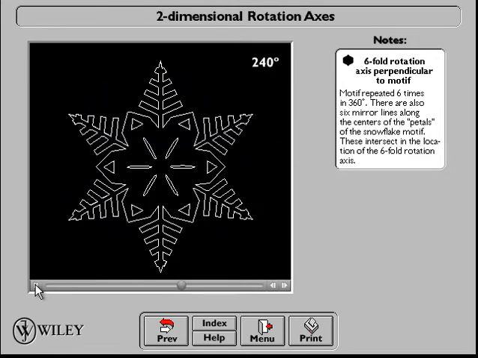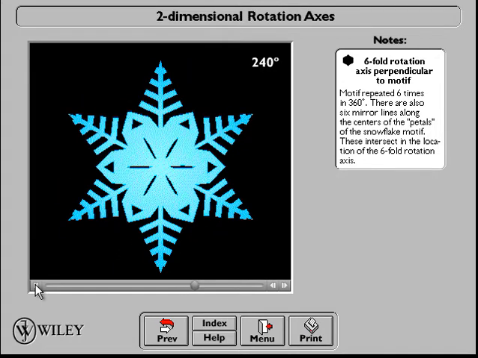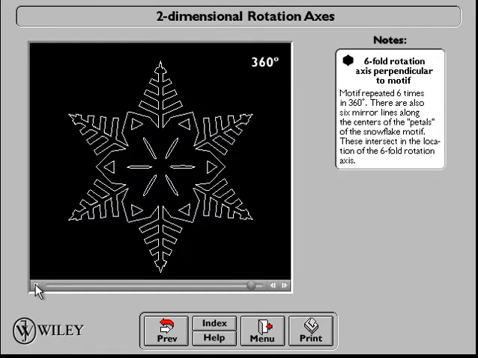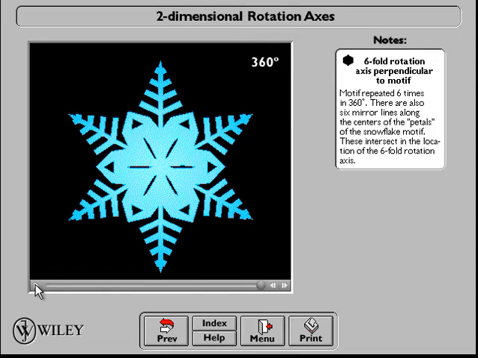Now we go to 240 degrees, it repeats itself. To 300 degrees, it repeats itself. And finally 360 degrees, and our snowflake crystal has repeated itself 6 times in 360 degrees. And here we have the symbol of the 6-fold axis.